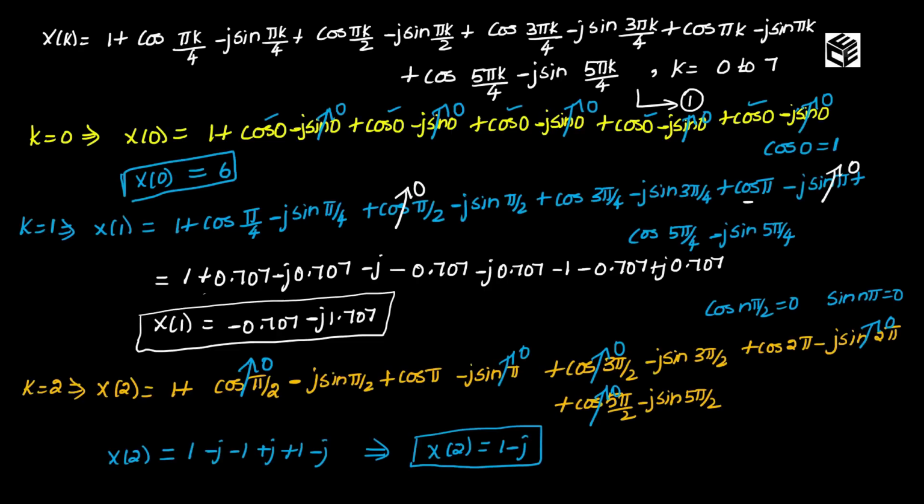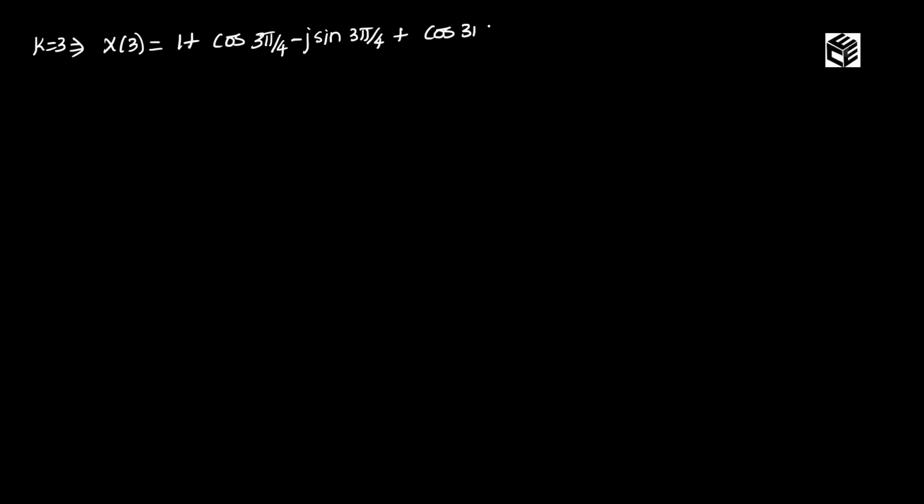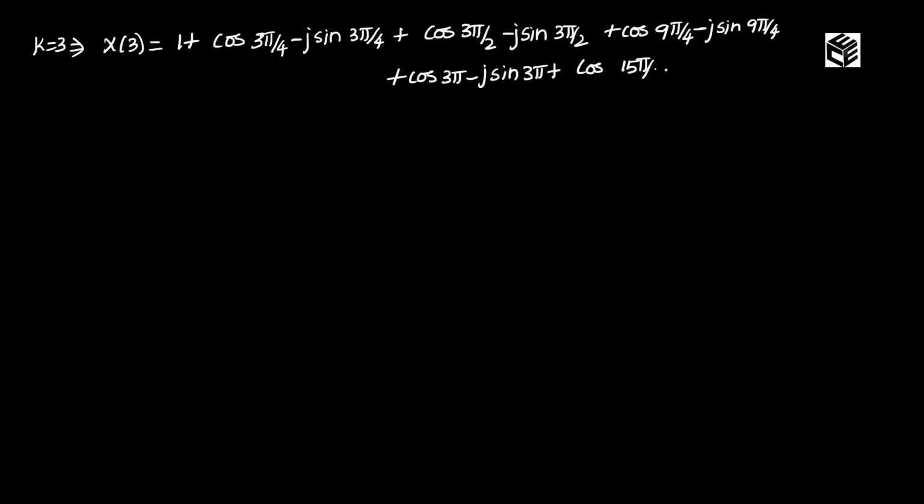The value of k is 3. So my expression will become x of 3 is equal to 1 plus cos 3 pi by 4 minus j sin 3 pi by 4 plus cos 3 pi by 2 minus j sin 3 pi by 2 plus cos 9 pi by 4 minus j sin 9 pi by 4 plus cos 3 pi minus j sin 3 pi plus cos 15 pi by 4 minus j sin 15 pi by 4.